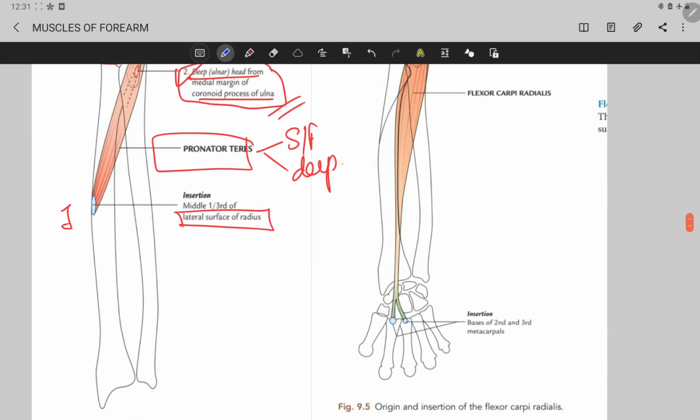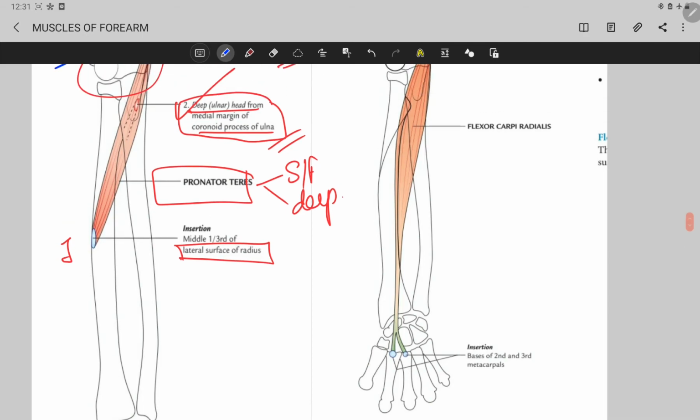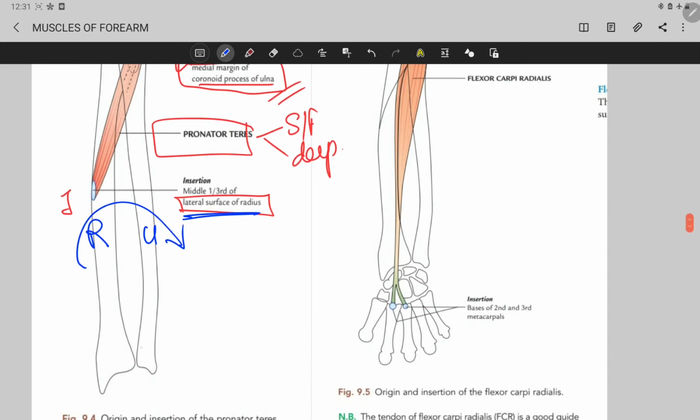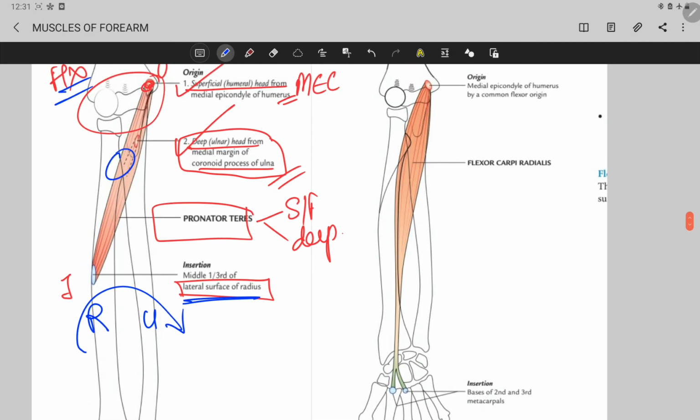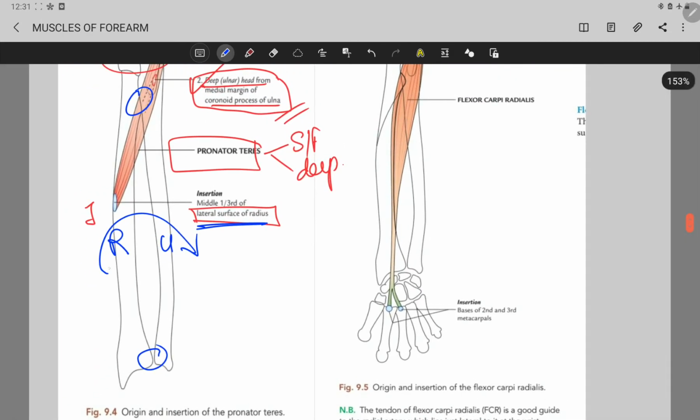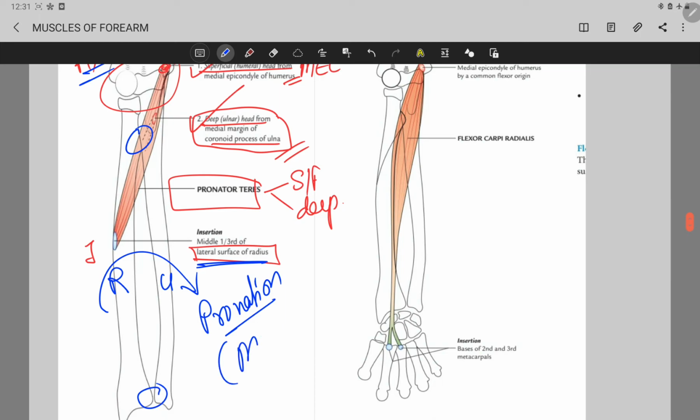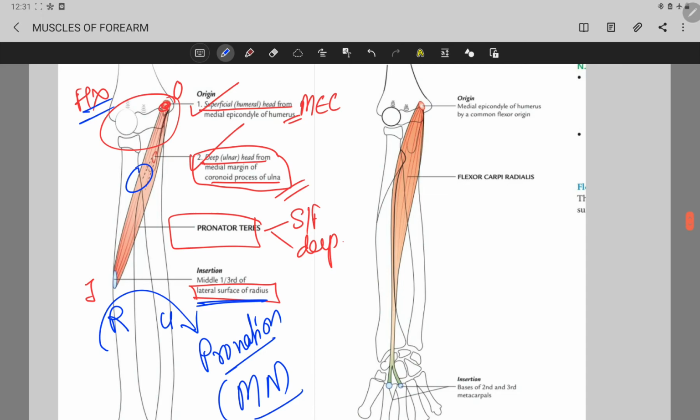When it contracts, it also causes rotation of the radius on the ulna at the superior and inferior radioulnar joints. This type of movement is called pronation. Pronator teres is supplied by the median nerve. So this is all about the pronator teres muscle.